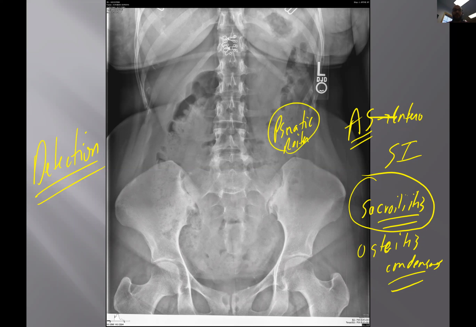So that'd be a differential, but it is not sacroiliitis because the SI joints are okay. There's no widening or erosion or indistinct appearance of the SI joints. You only have the sclerosis, and it's triangular. So that leads us to osteitis condensans ilii here, especially in the context of multiple childbirth.